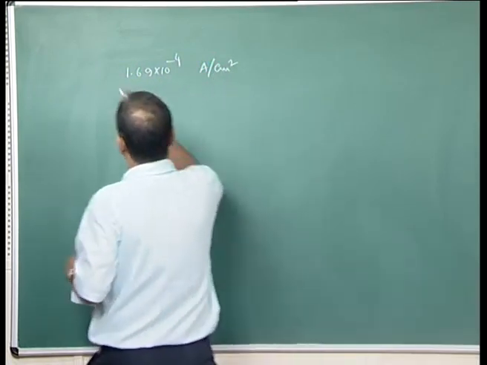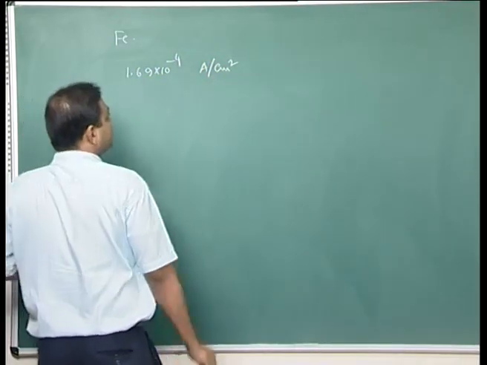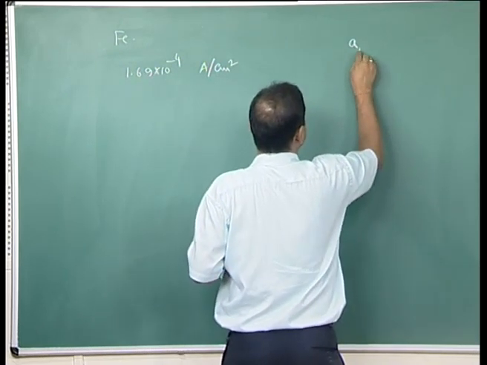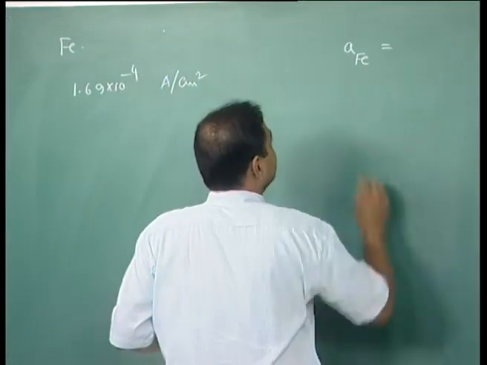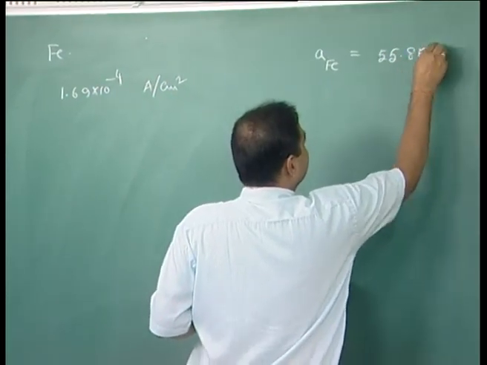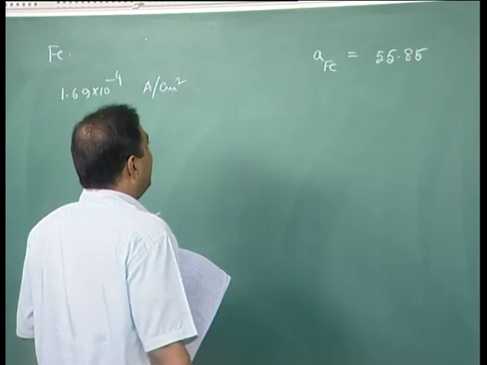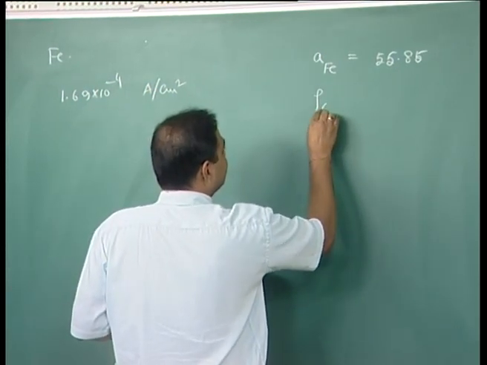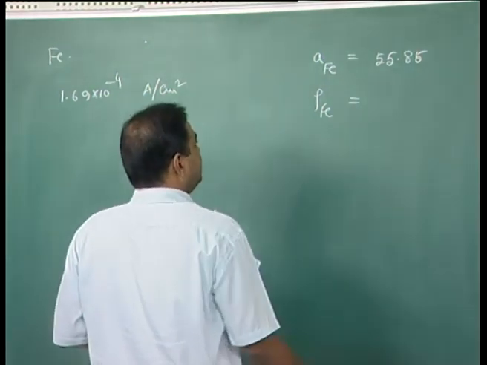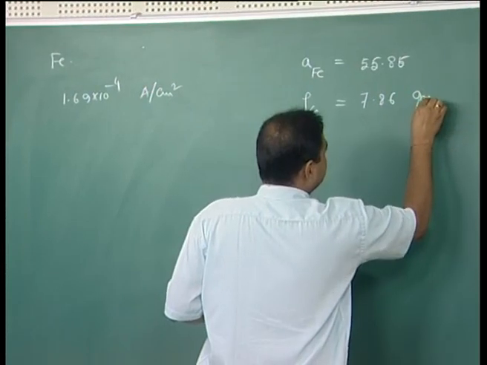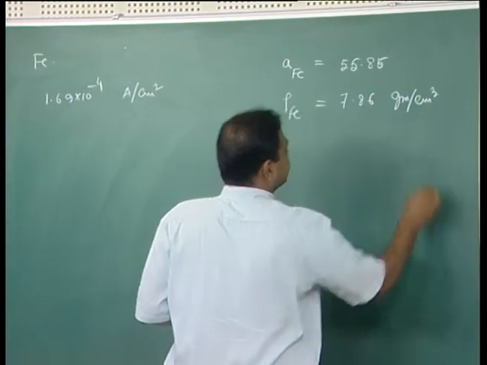Now, this is in case of iron. We know a few data. One is the atomic weight of iron, which is 55.85, and the density of iron is 7.86 gram per centimeter cube.